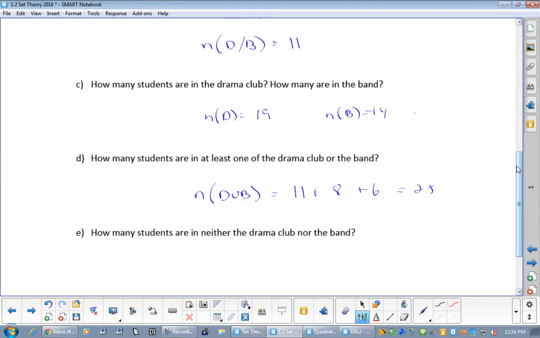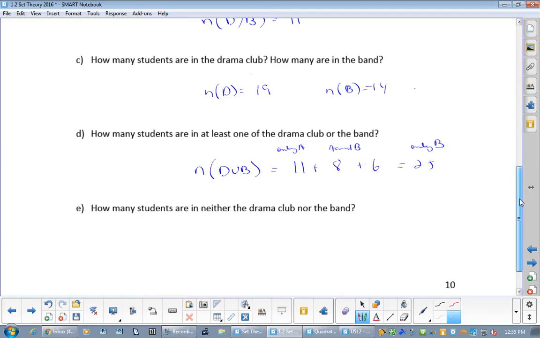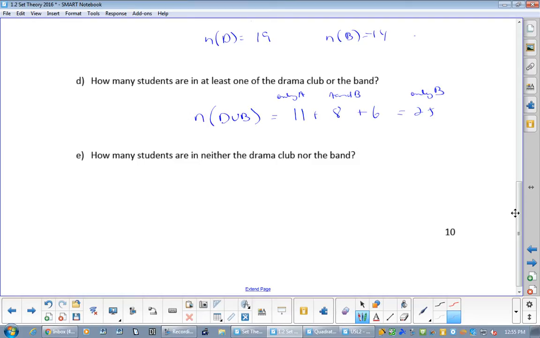So how many are in at least one? That's our only A, or A and B, and only B. Now here's how many students are neither in the drama club nor band? But probably the more difficult of this is give me the way to ask that using symbols. How would I say this entire question using symbols?